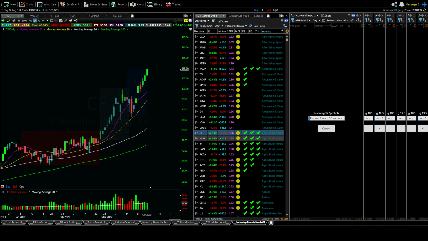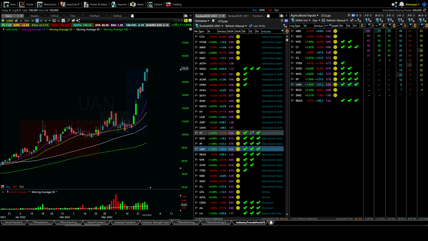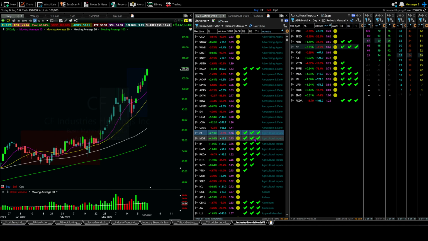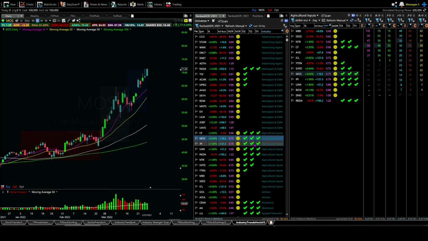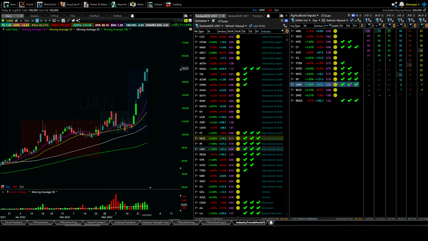Agricultural inputs, it'll show you, well, we got these names for you. These are 3. And you can see how there are multiple names in this industry that are meeting this criteria. So what can you do? You can immediately just look to the right, and then you can say, okay, let's actually figure out the exact ranking of this thing.